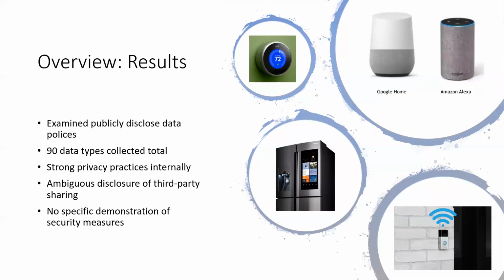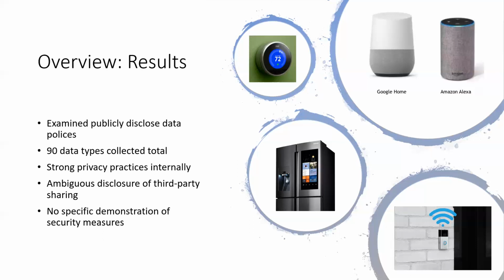And surprisingly, I saw no specific security demonstrations, with the exception of one company, Ring doorbell, which demonstrated that it uses end-to-end encryption on its video files and ultimately made the user the controller of the data that was being stored by Ring itself.